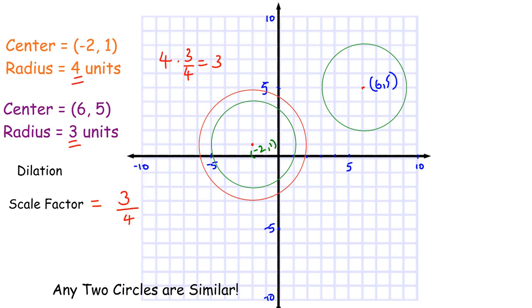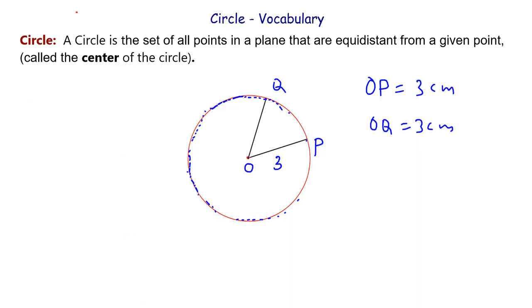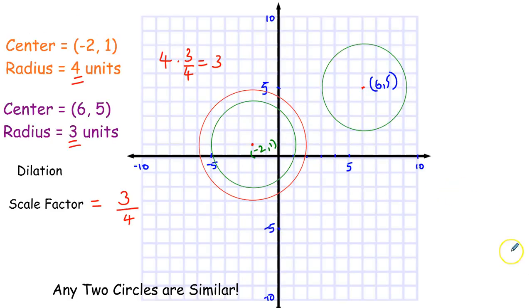That's all. So now we know that a circle is a set of all the points which are equidistant from a fixed point, and any two circles are similar. Alright, thank you.